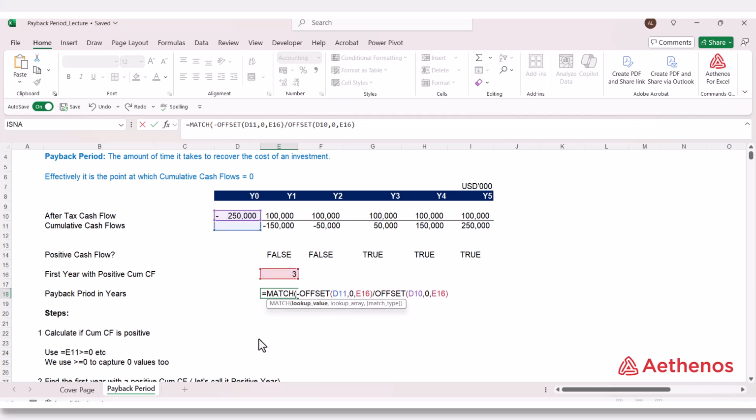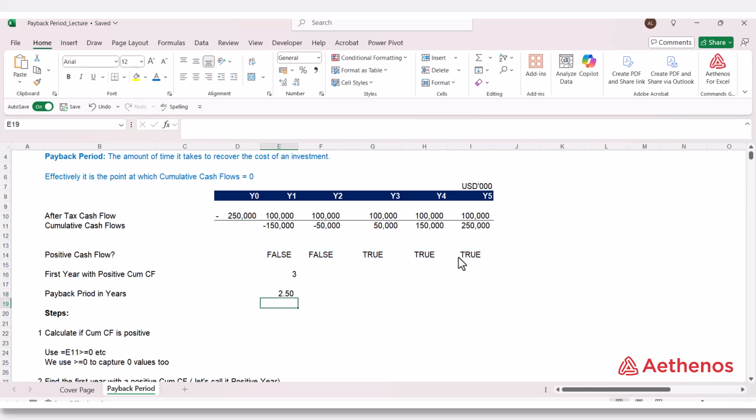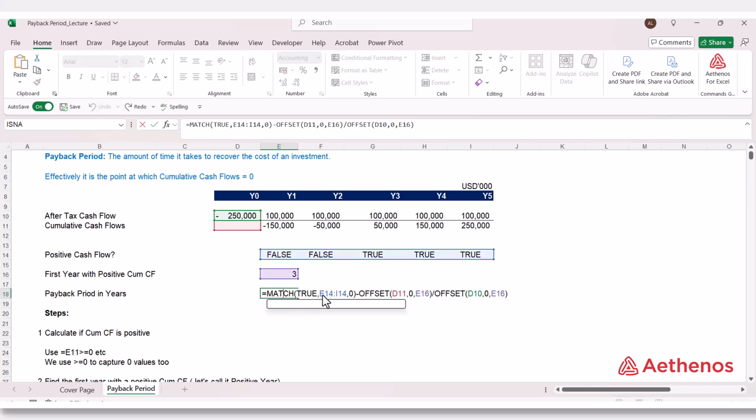So the lookup value here, what I want to find is true. And then I want to find that in this range. And I want an exact match. So 0. So this is the final function I need to write when I want to find the payback period.